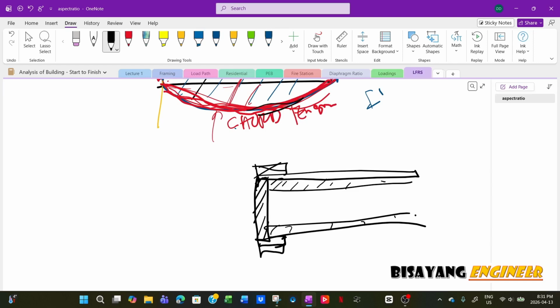Now this chord, you can analyze the rim board as your chord, and then splice that one because of course, like I said, if this is 20 feet, you have to have a splice somewhere, because that would not be a full length 20 feet.